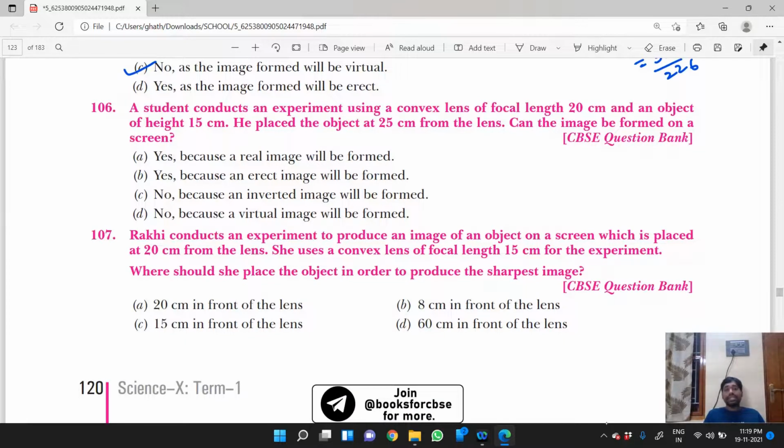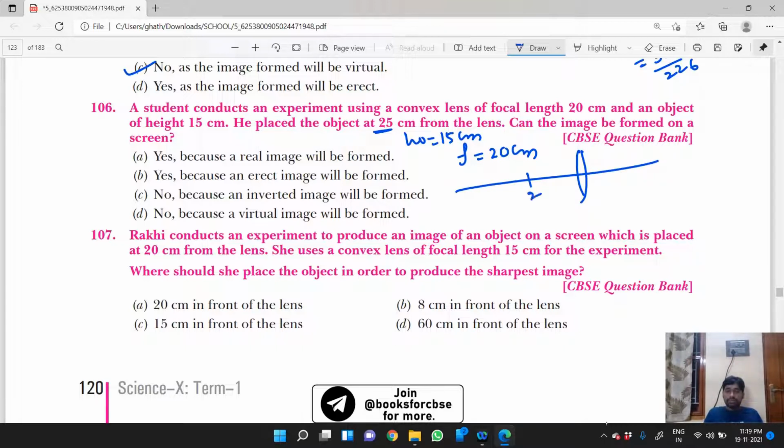A student conducts an experiment using a convex lens of focal length f equals 20 centimeters, and an object of height ho equals 15 centimeters is placed at 25 centimeters. See, this is a lens.